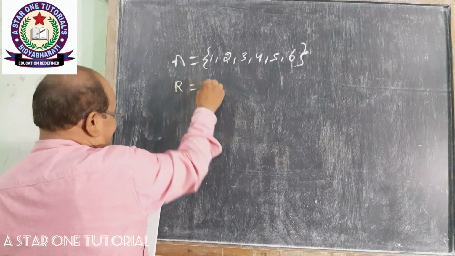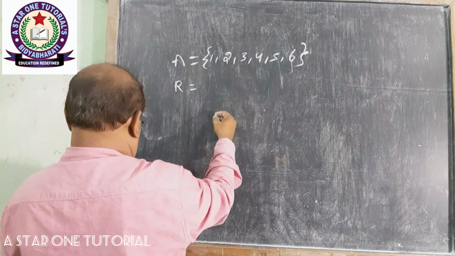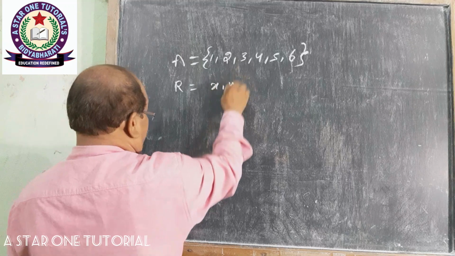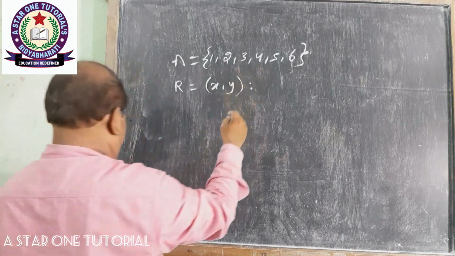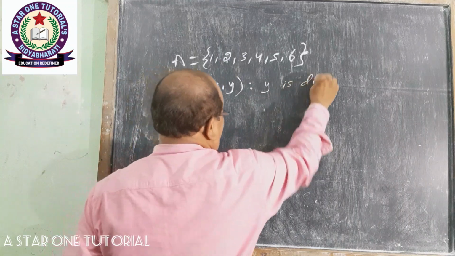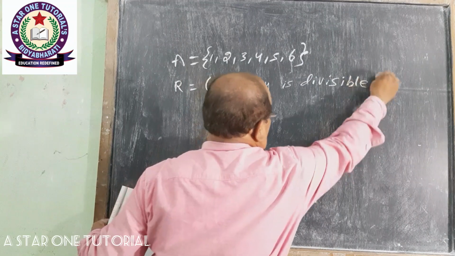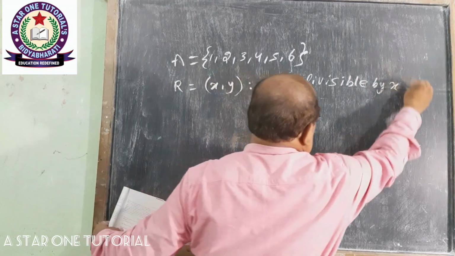R is equal to (x, y) such that y is divisible by x.